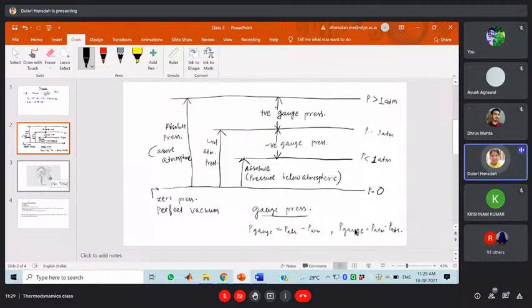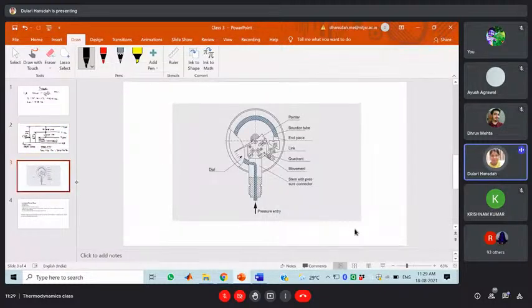So got my point. Now I will discuss the different devices used for pressure measurement. This is one common device that is known as your Bourdon tube pressure gauge.